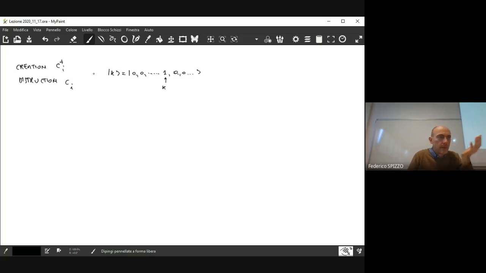But this is just to simplify the problem. In general, you may also use a more complex vector. In this case, as the vectors are normalized, this is equal to 1, then you may consider the vector where the level K is occupied to be the result of the application of C cross K to vacuum.